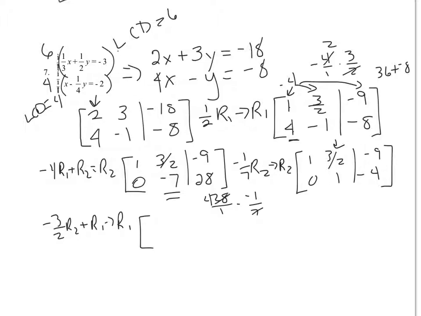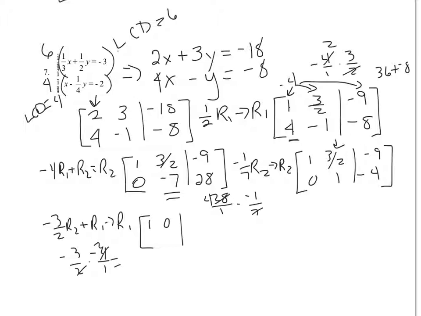Okay, we're going to have negative 3/2 times 0 is 0, and 0 plus 1 is 1. Negative 3/2 times 1 is negative 3/2, plus positive 3/2 is 0, and negative 3/2 times a negative 4 over 1. 2 would go into 4 2 times.